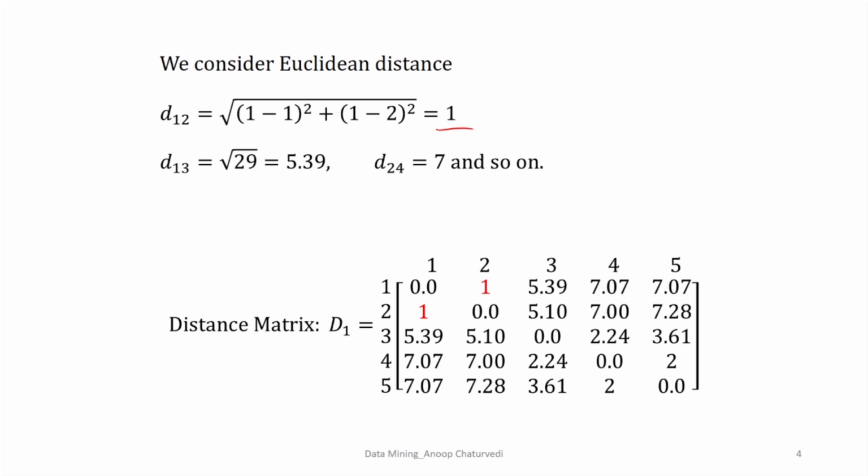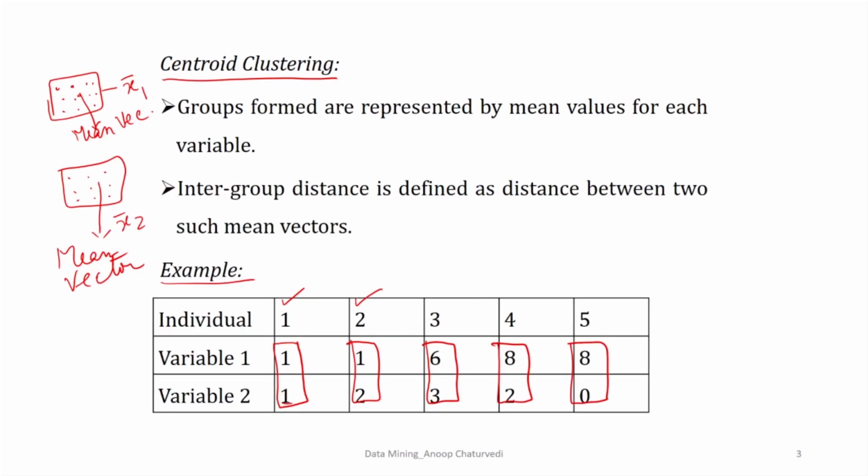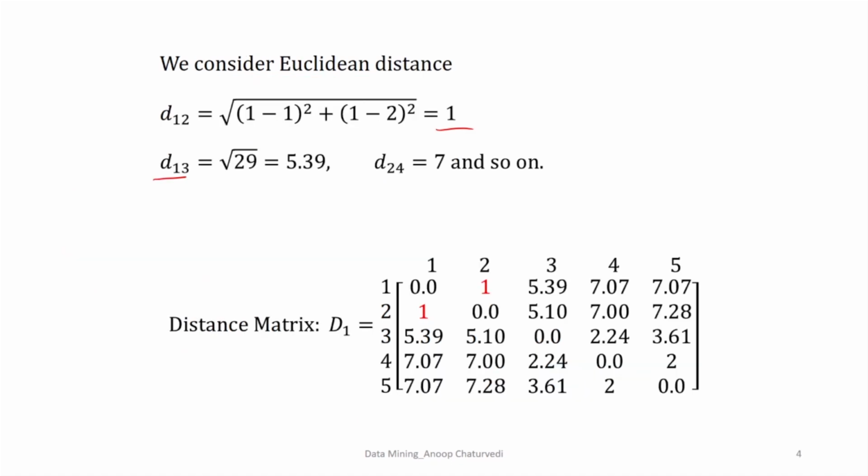Similarly, we can calculate d13, which is (1 minus 6) square, that is 25, plus (1 minus 3) square, that is 4. So, under root 29. Similarly, you can calculate d24, which is equal to 7 and so on. So, ultimately we get this distance matrix d1.